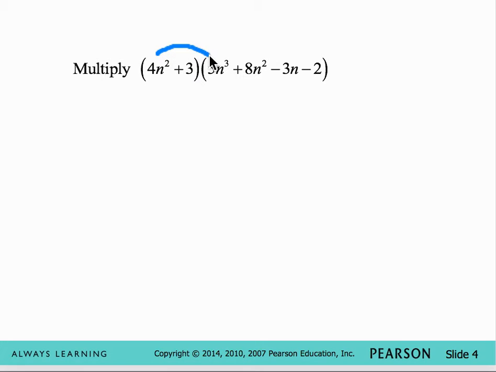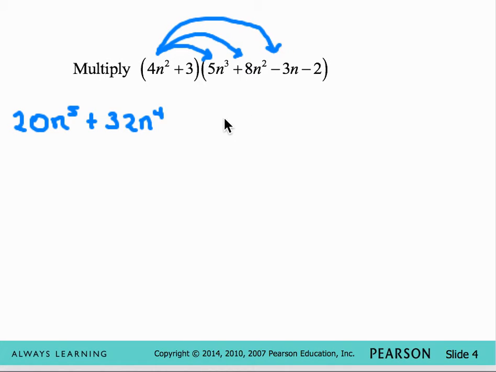So 4n squared times 5n cubed is 20 what? n to the fifth. 4n squared times 8n squared is 32 n to the fourth. 4n squared times negative 3n is negative 12 n cubed. And 4n squared times negative 2, negative 8 n squared.